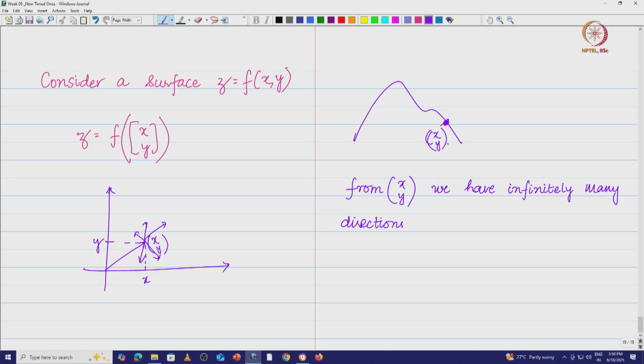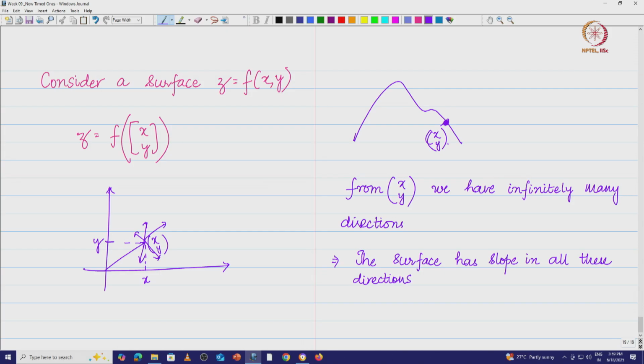So what we say is that the surface has slope in all these directions.